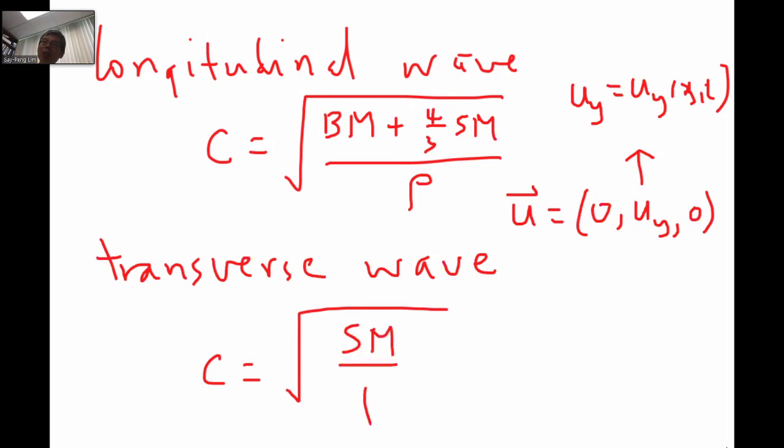And this expression shows you that if your shear modulus is 0, then you don't have a transverse wave, because your wave speed would be 0.